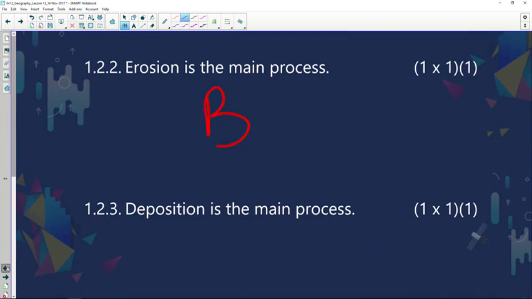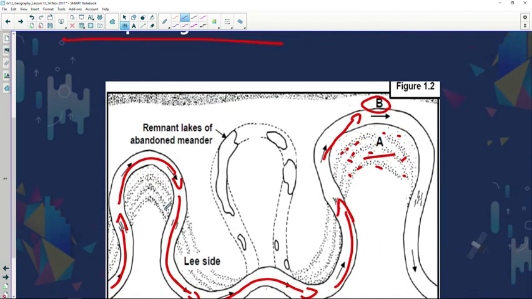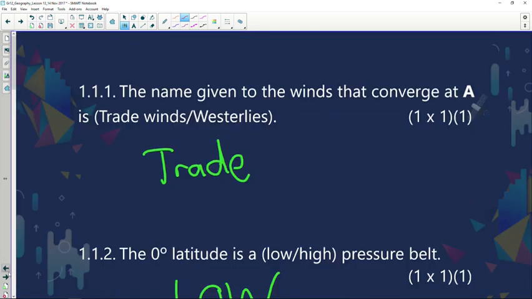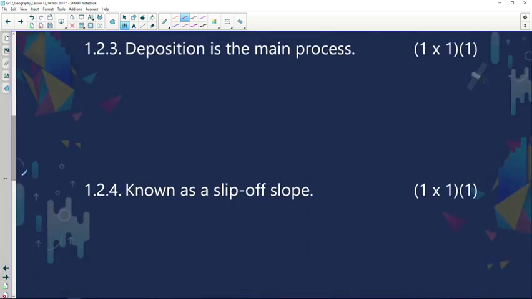Deposition is the main process. If we go back over there at A, on the inside bend, you can see the debris and sediments taking place over there. Is A known as the slip-off slope?